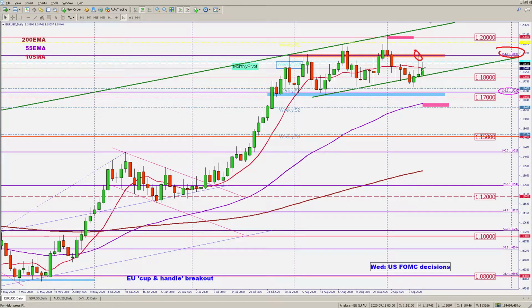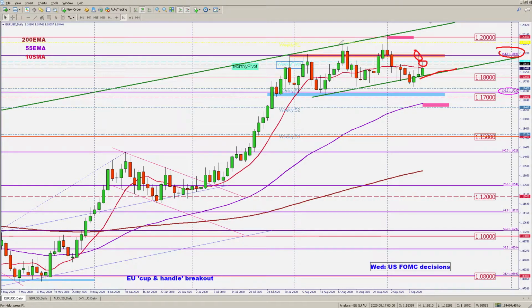On Friday it did attempt to recover some of the move, and was blocked right at the weekly pivot as well as the monthly pivot, the dashed black line here. So it's still holding up above the lower channel trend line.